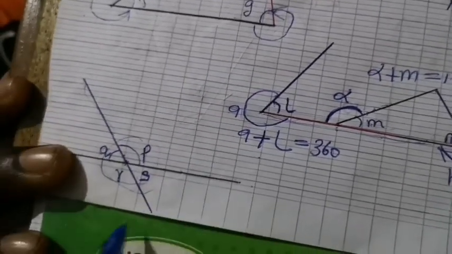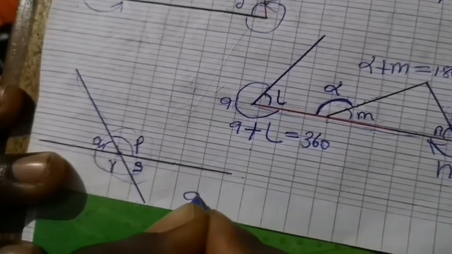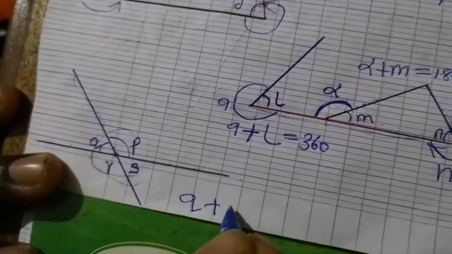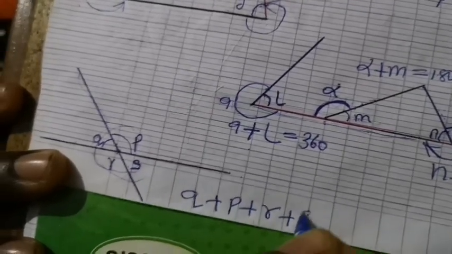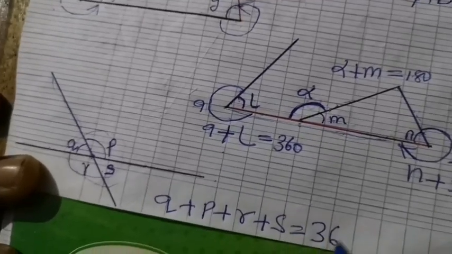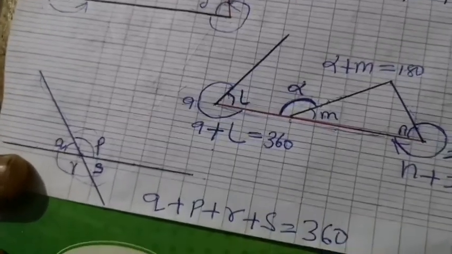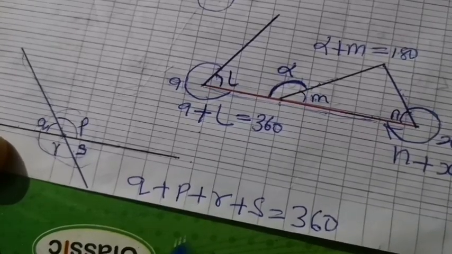So we can say that Q plus P plus R plus S is equal to 360 degrees, and this is what we call angle at a point.